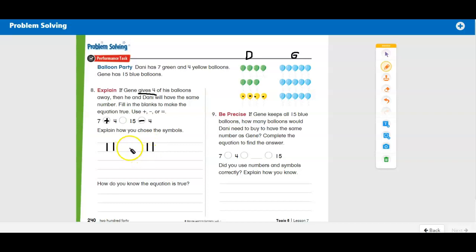So what symbol would we need to put between these two numbers to show that this is a true equation? Would we put a plus sign, a minus sign, or an equal sign? We would put an equal sign. An equal sign to show 11 equals 11.